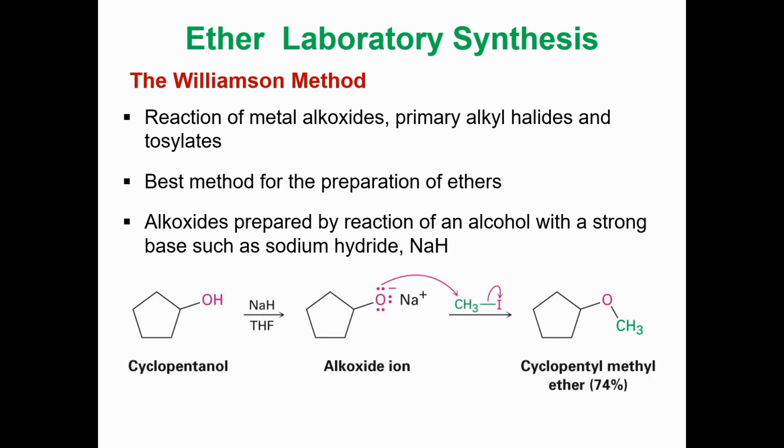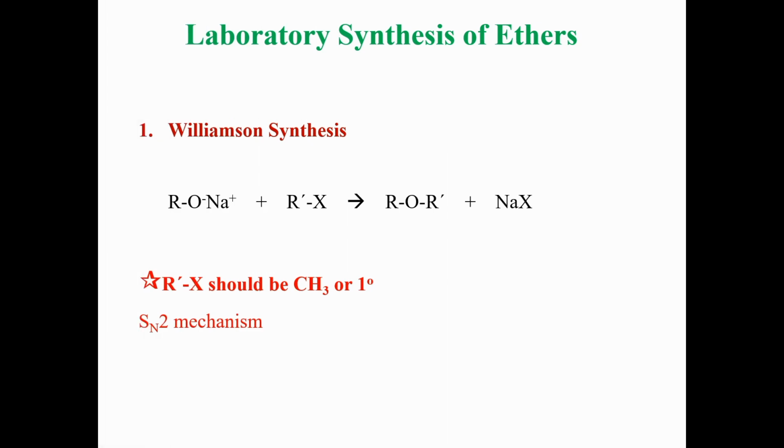If the question comes, which of the following methods is useful in synthesis of ether in the lab, it is Williamson synthesis, but in the industry it is dehydration of alcohol. In Williamson synthesis, it's worthy of note that it follows the SN2 mechanism, where bond breaking and bond formation occur in a single step, and it can only occur using primary or methyl alkyl halide.